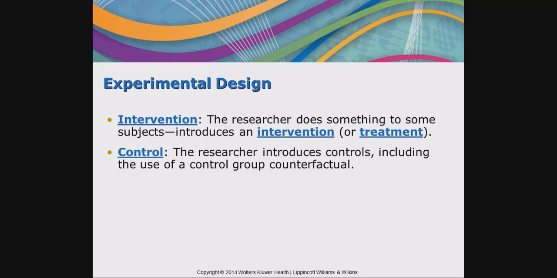Now, the characteristics of a true experimental design include the following. The intervention. This is where the researcher will do something like an intervention or a treatment. And this intervention is manipulated. Now, manipulation is a form of control.